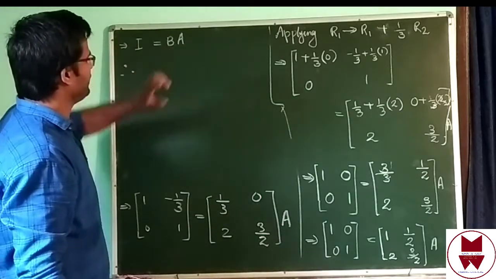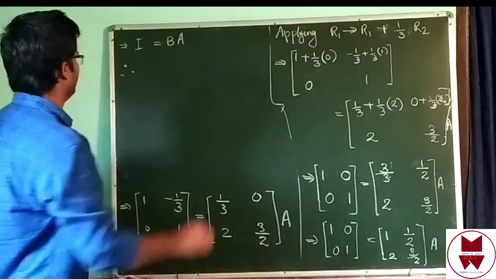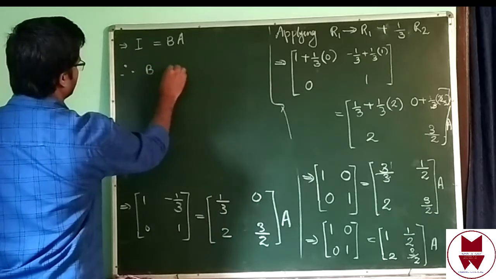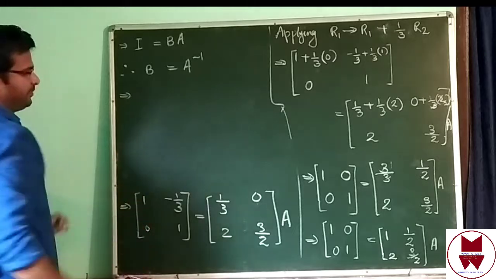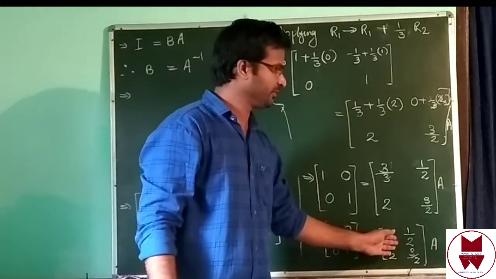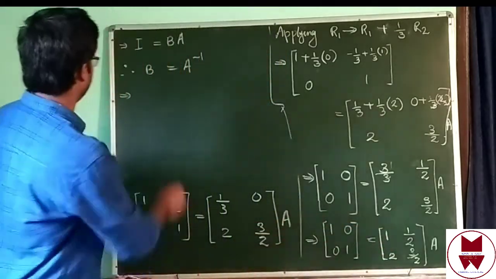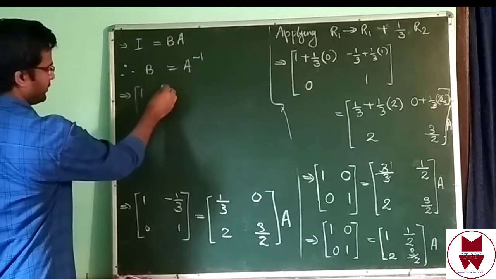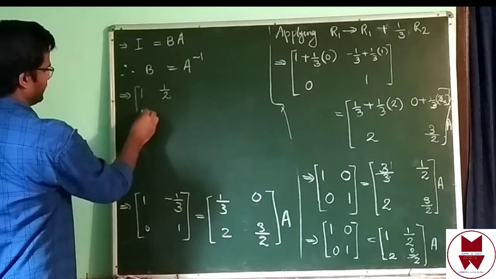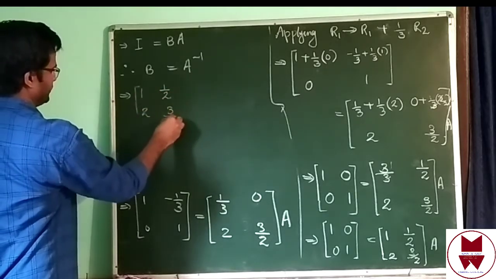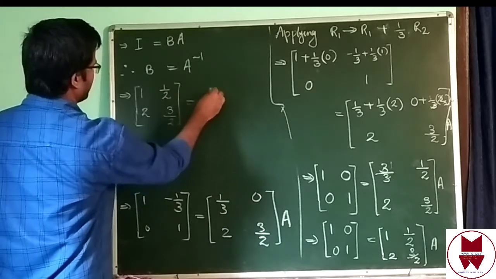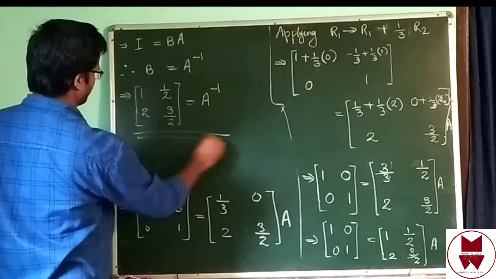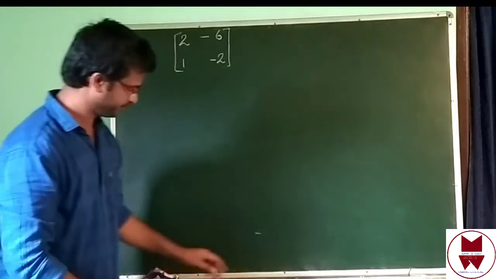That means B is the inverse of A. We can write B equal to A inverse. That is B. We already know this matrix, isn't it? That is matrix 1, 1 by 2, 2, 3 by 2 equal to A inverse. This is our answer.